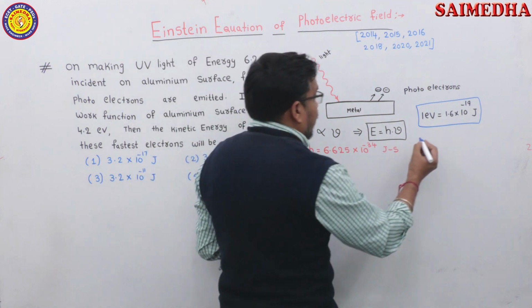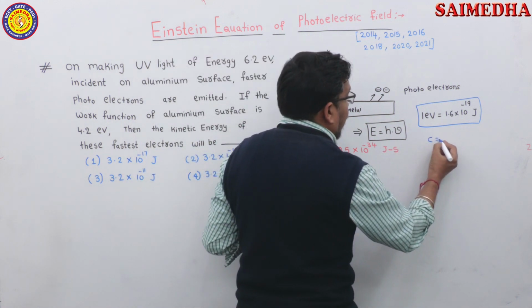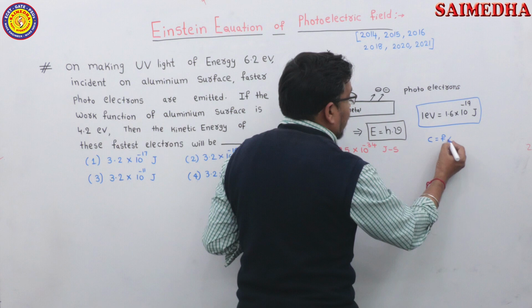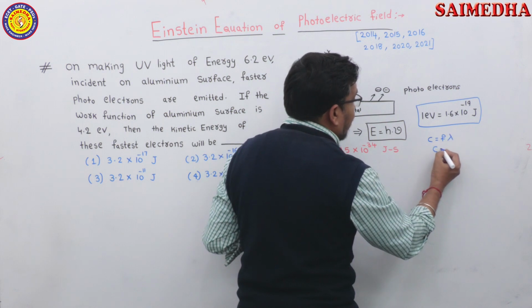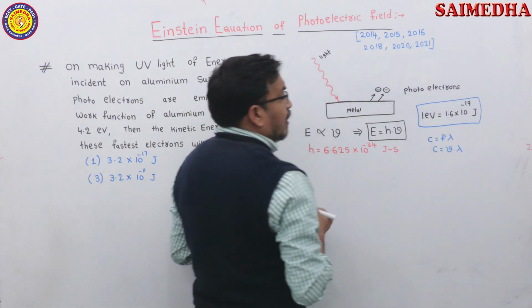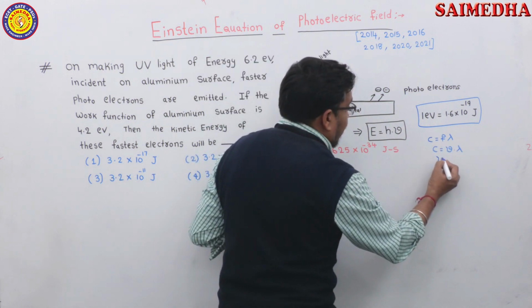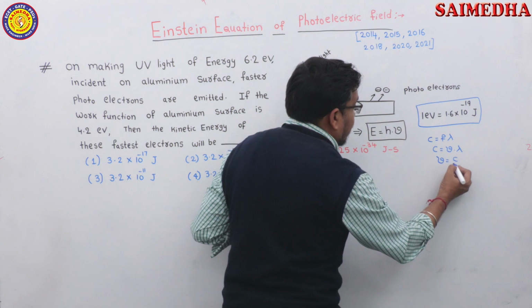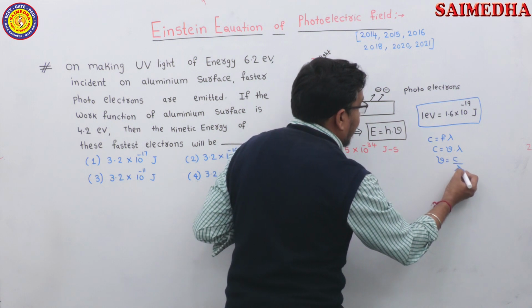Similarly, from c equals f lambda, here I am writing c equals frequency v into lambda. Then I write frequency in terms of wavelength, that is c by lambda.